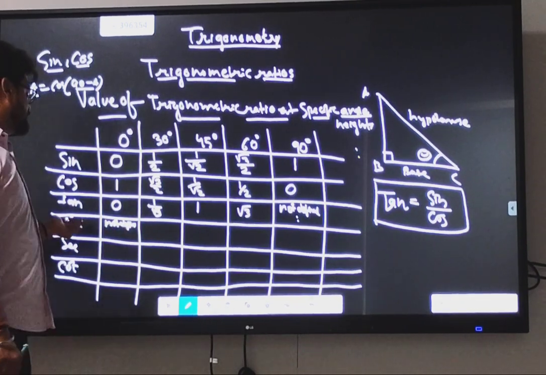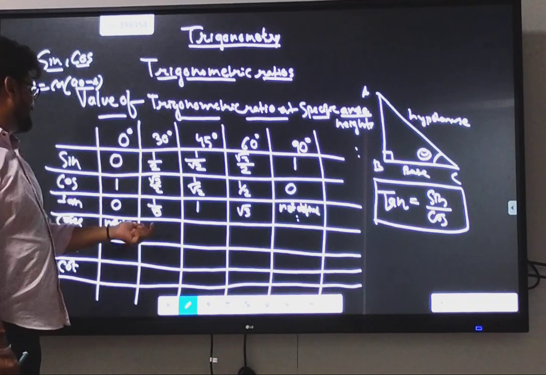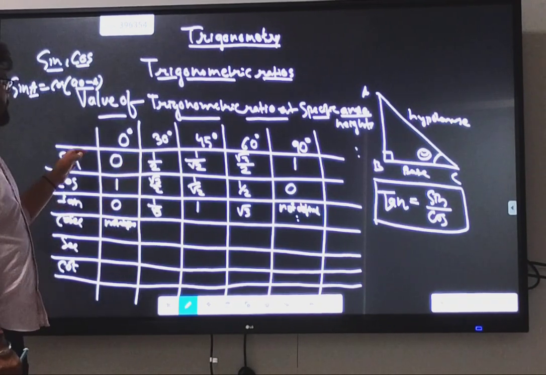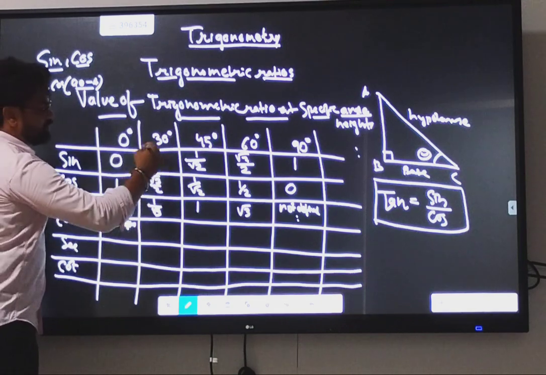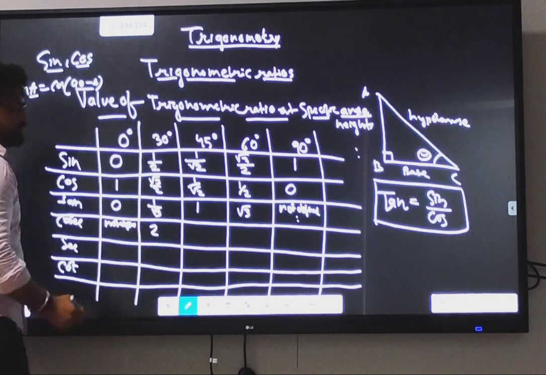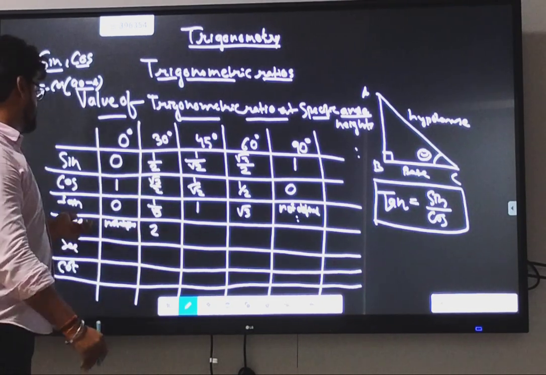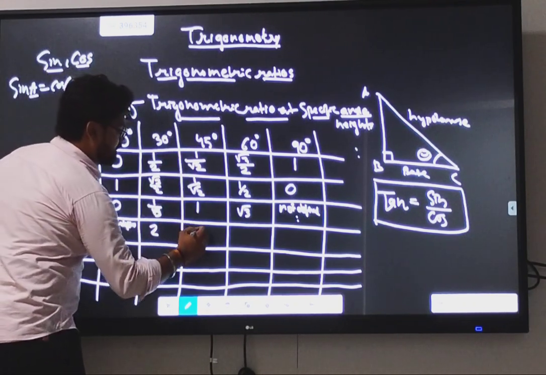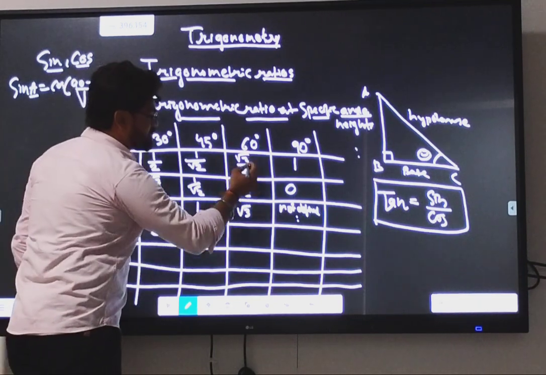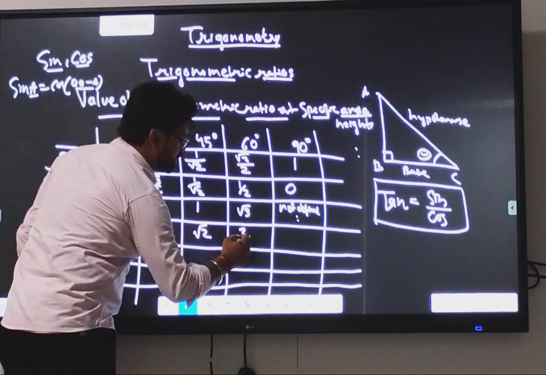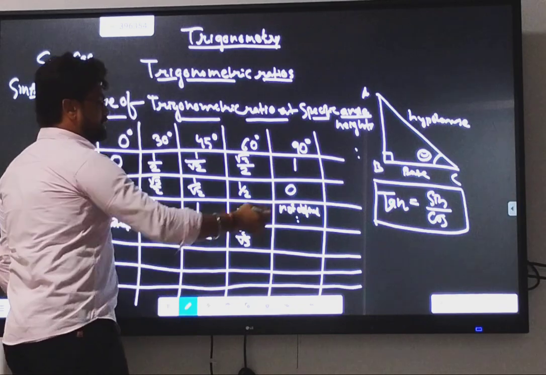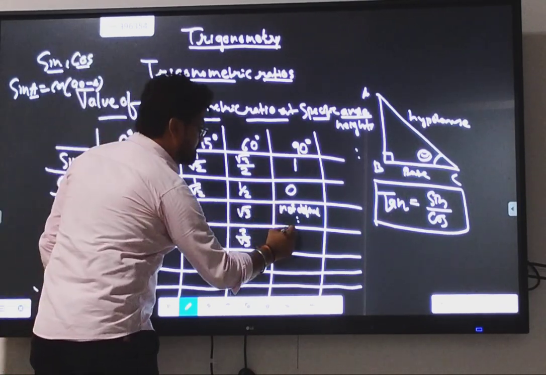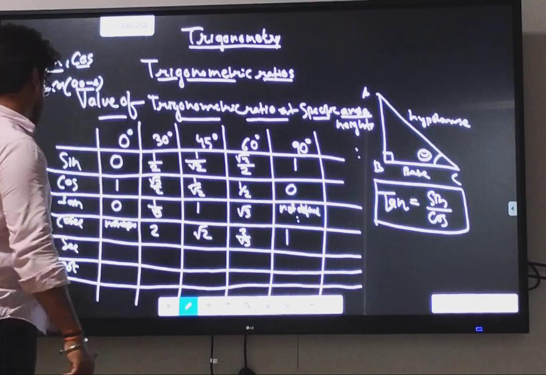Now cosec 30 will be the reciprocal of sine 30. The reciprocal of 1 by 2 is nothing but 2. So we will keep on taking the reciprocals. Cosec 45 is the reciprocal of sine 45, so that will be root 2. Again the reciprocal of root 3 by 2 is 2 by root 3, and then the reciprocal of 1 becomes again 1.